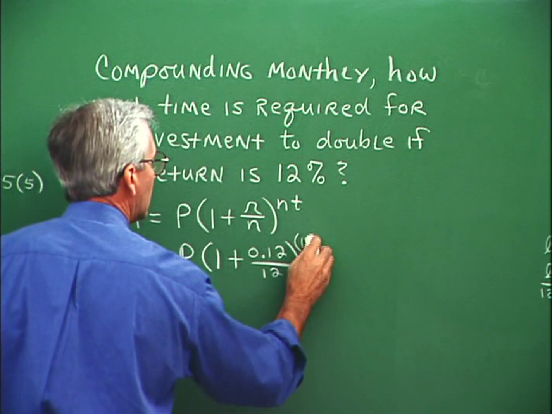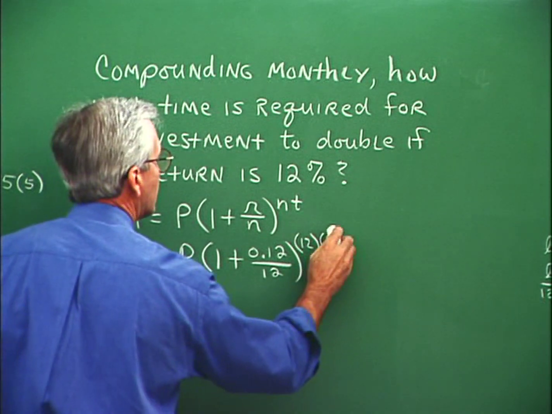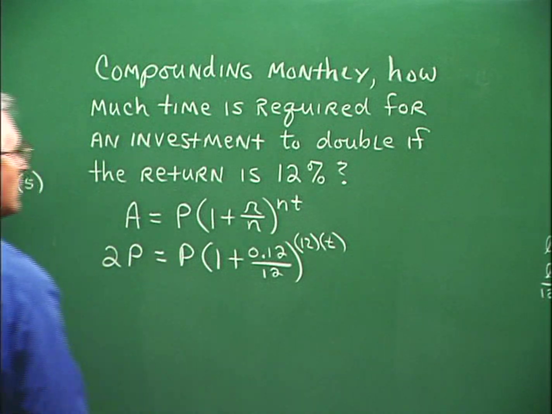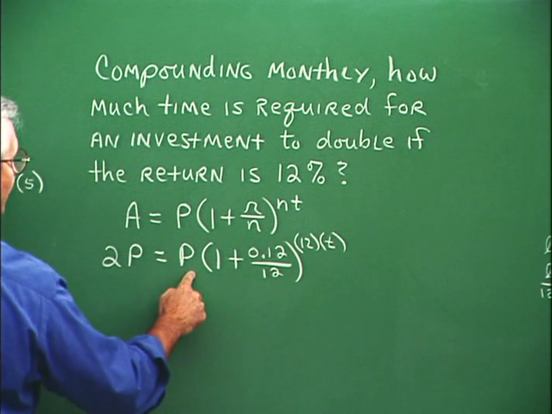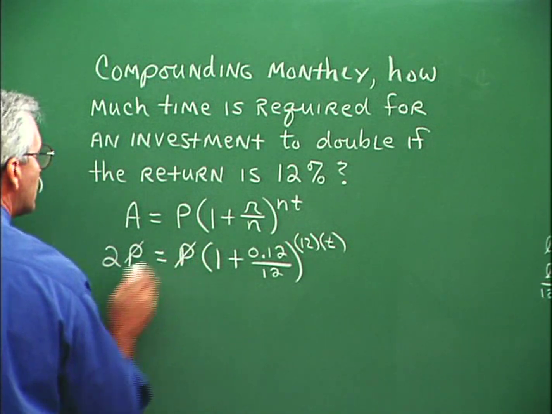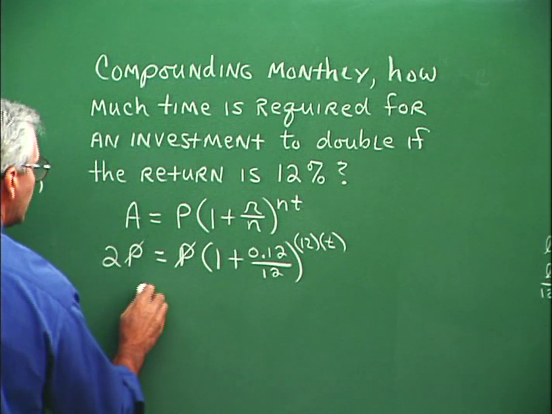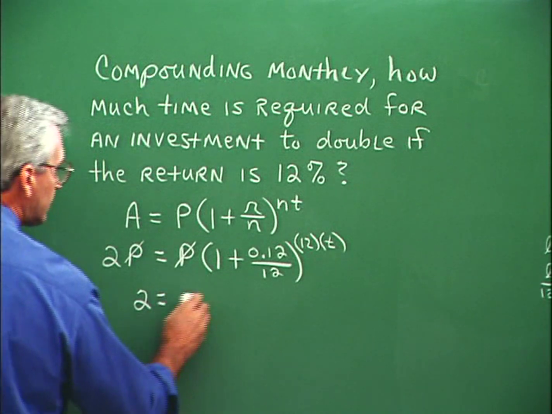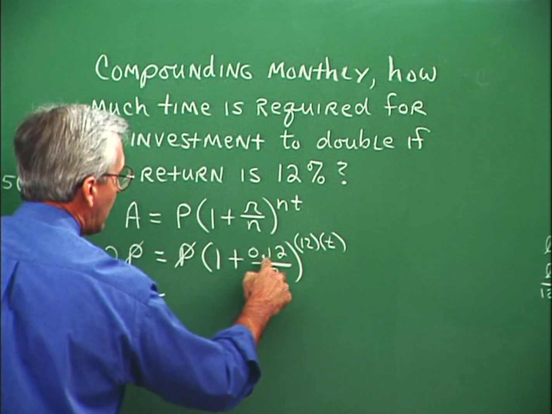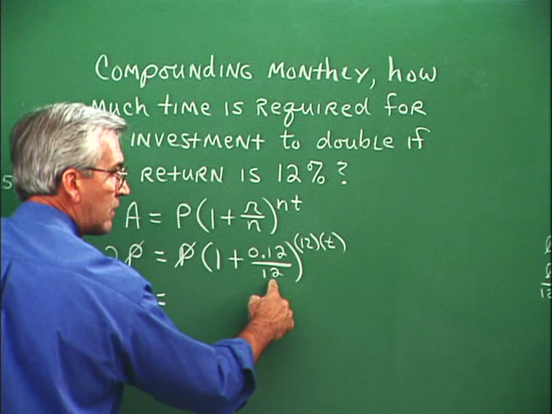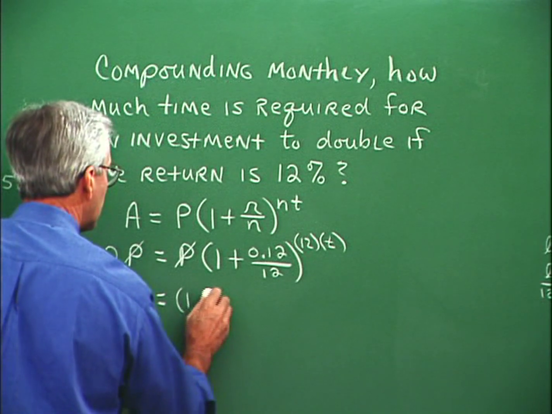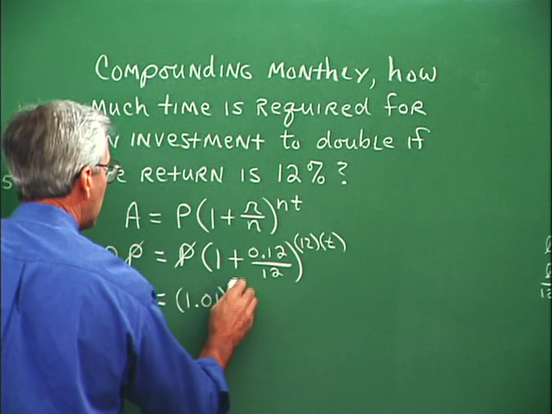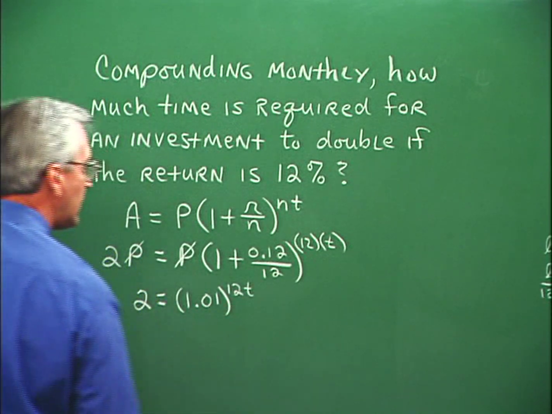And 12 times t. Now t is the unknown quantity here. We're solving for t. Now notice here, if we divide on both sides by P, these go out. So we have 2 equals, now 0.12 divided by 12, that's 0.01. Add 1, and this is 1.01 to the 12t power, and we're solving for t.